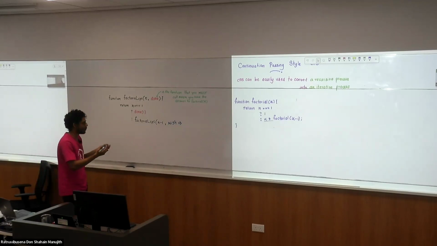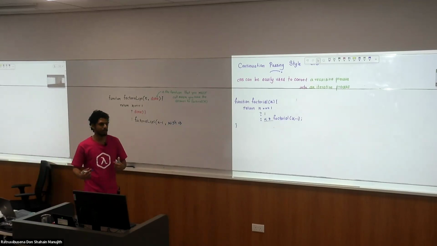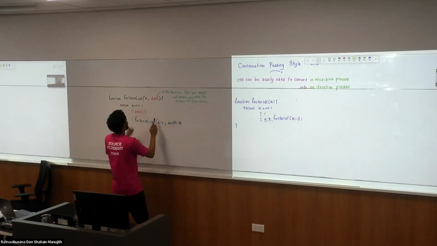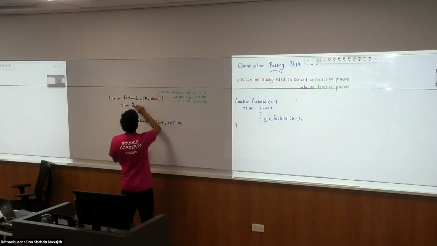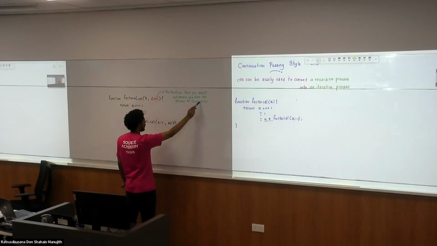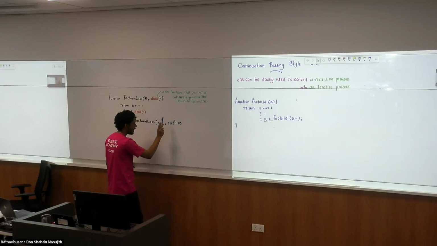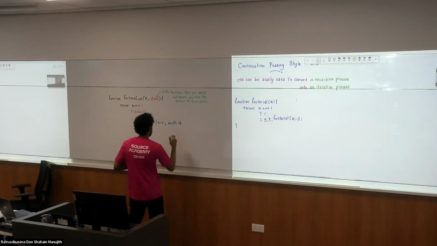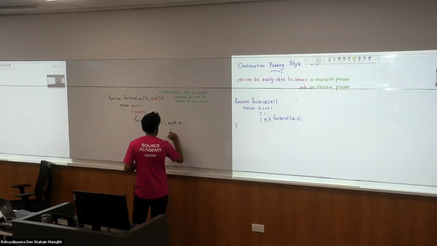I want to solve the problem for n, but I have the answer to n minus 1, which is in fact n minus 1 factorial. So this wish will contain the answer to factorial n minus 1, because if I call factorial CPS with n, this will be called with factorial n. So if I call factorial CPS with n minus 1, this will be called with the answer to n minus 1 factorial. So actually this contains n minus 1 factorial, right?